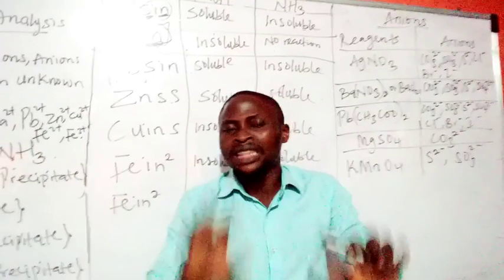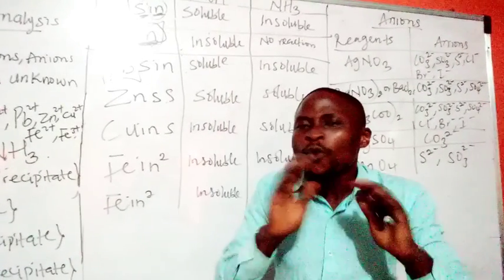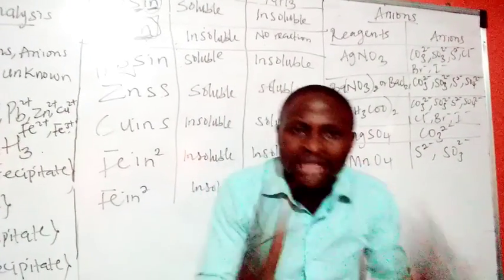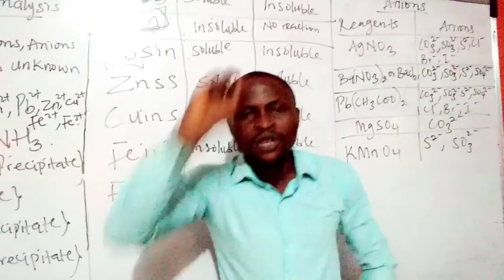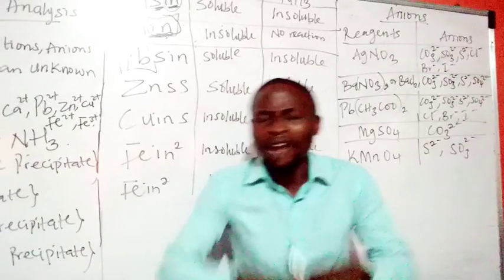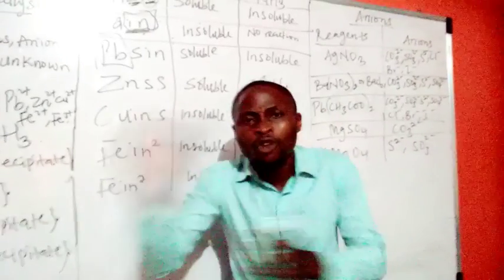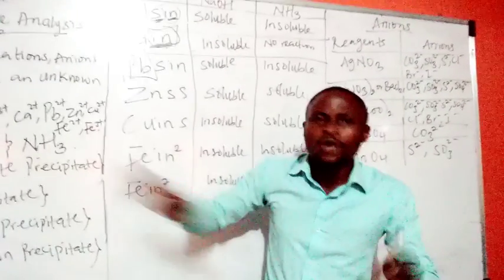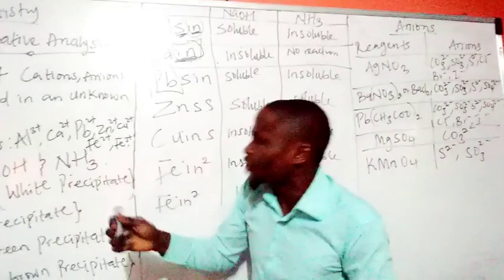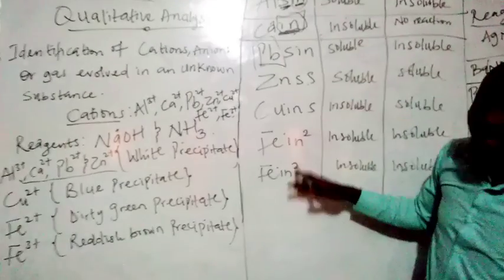Now, the point that I've just made is that we have these cations and we can test for them with two reagents, sodium hydroxide and what? And ammonia. And I have just told you that these are the colors of their precipitates. Now, the way you can differentiate them, you can differentiate any one of the white precipitates with this mnemonic device.